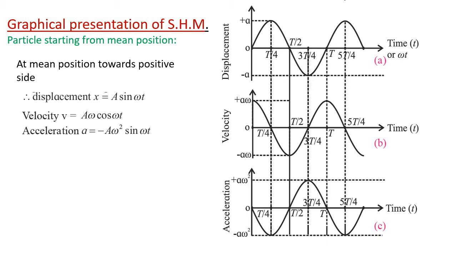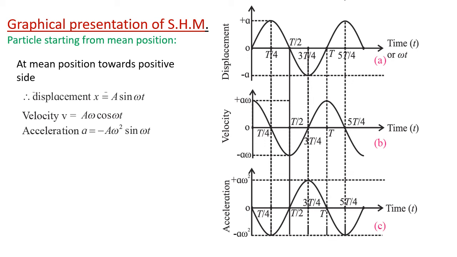Check here, the displacement at mean position is 0 and the velocity at mean position is maximum. So you can say that there is a phase difference of pi by 2 radian between displacement and velocity, and there is a phase difference of pi by 2 radian between velocity and acceleration as well. And if you want to check the phase difference between displacement and acceleration, the displacement and acceleration graphs have a phase difference of pi radians.